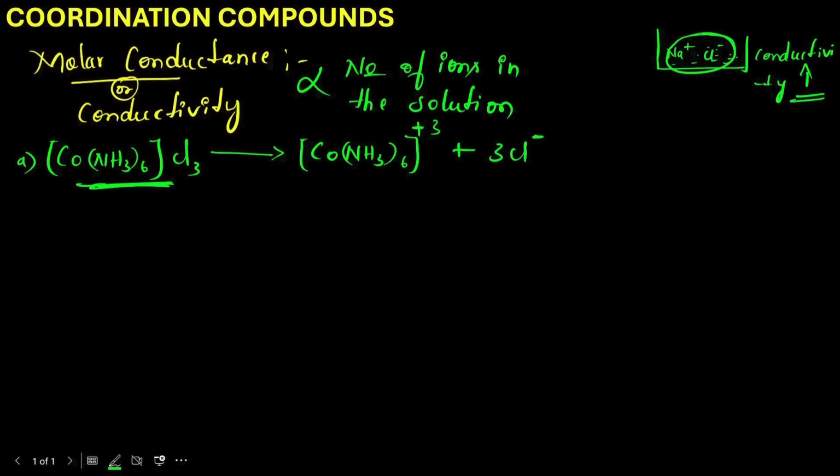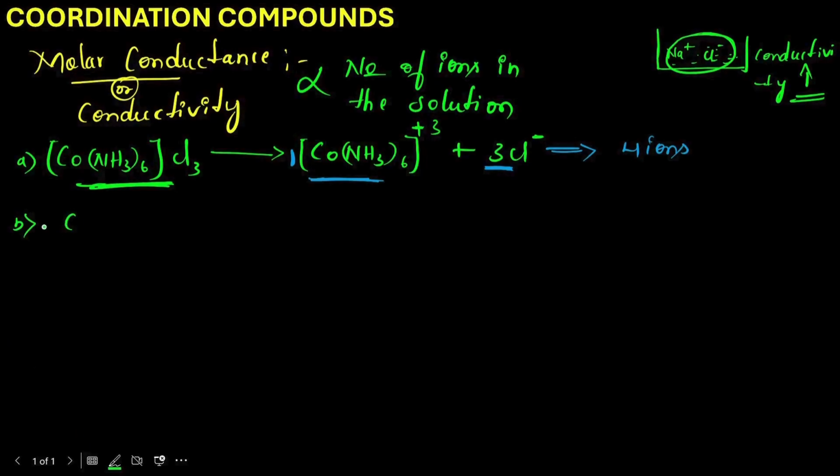How many ions are produced here? Here 3 Cl- ions, and here we have only 1 ion. So in total, 4 ions are produced.